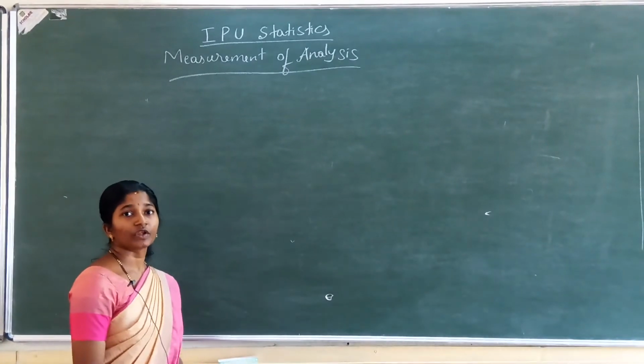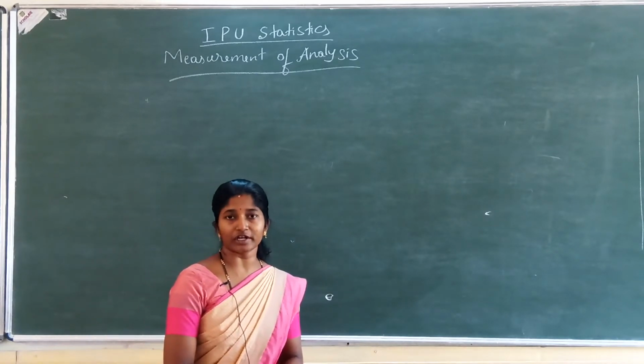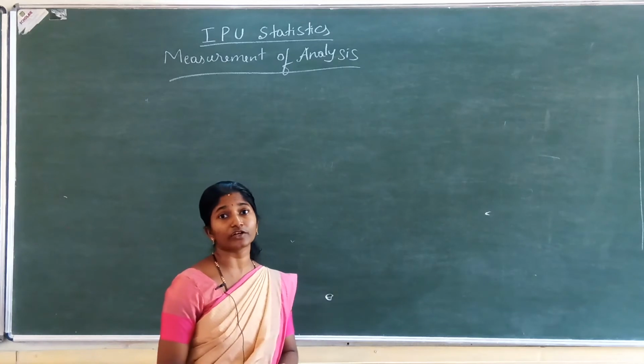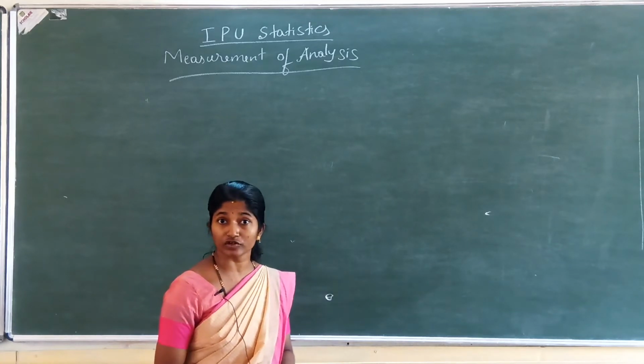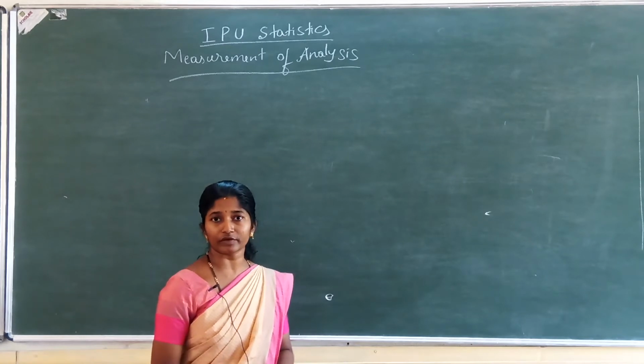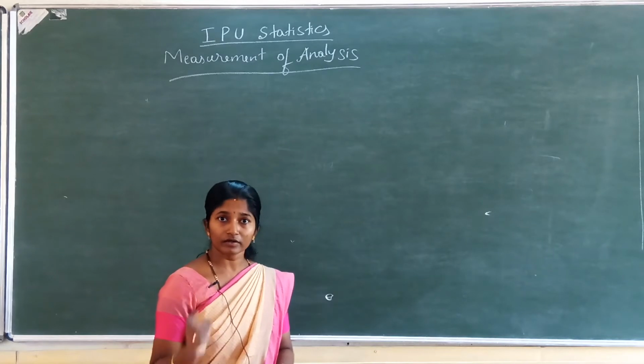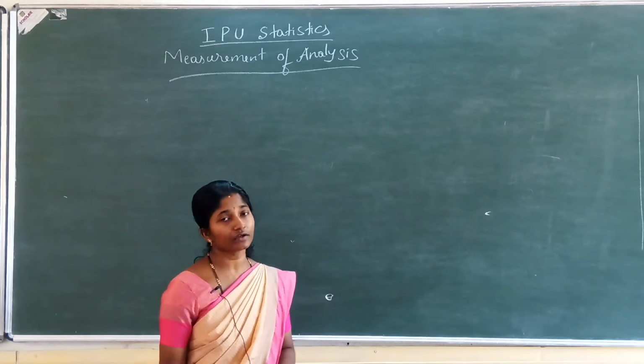Then, less than cumulative frequency distribution, and another one, more than cumulative frequency distribution. This one also you have studied. In the class interval they are only giving the less than value, or otherwise the lower limit, or otherwise the upper limit.